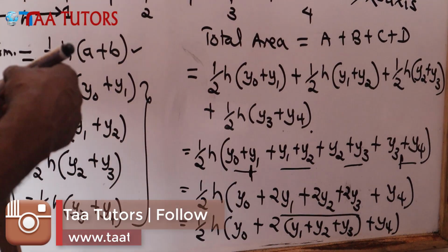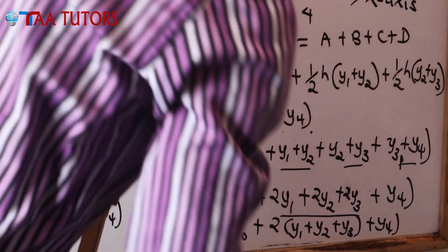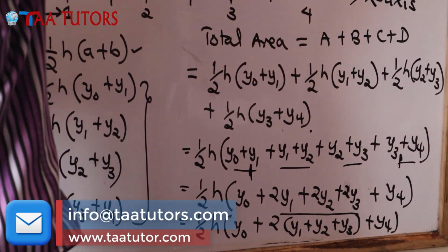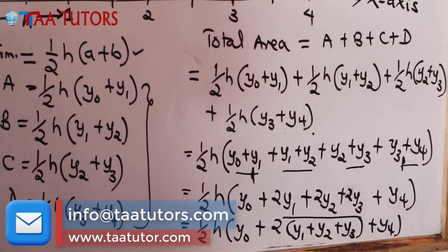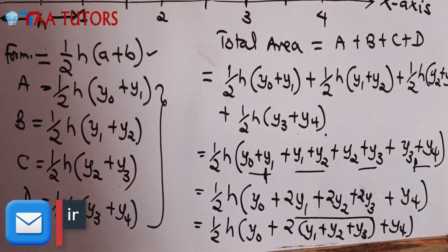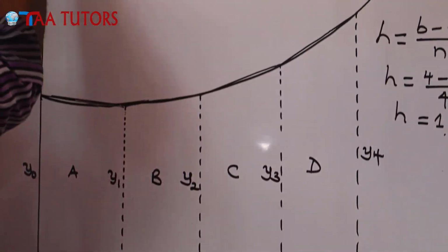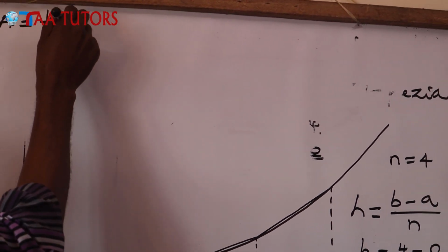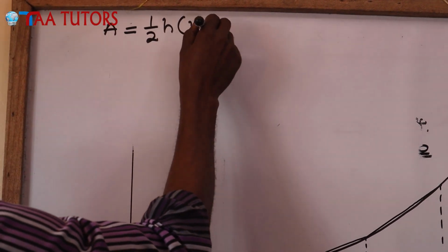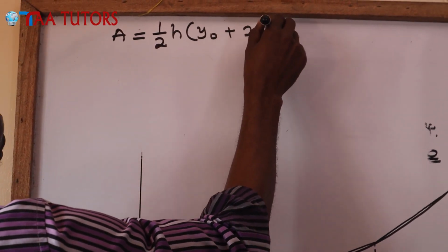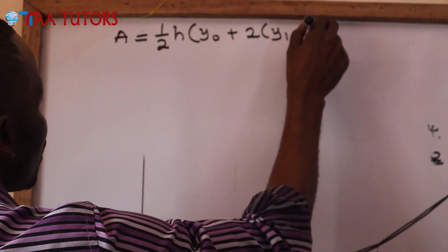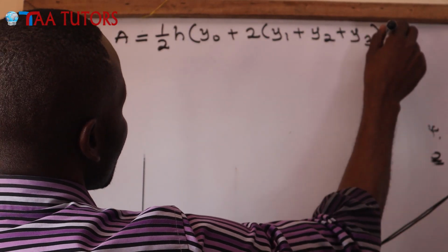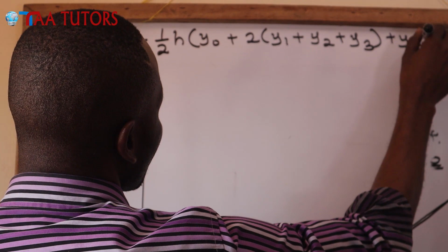So viewers, you see that now our rule is actually taking shape. If I come here to get some space so that we can now finalize, we'll say the area under the curve now will be a half h into y0 plus 2 into y1 plus y2 plus y3, plus y4.